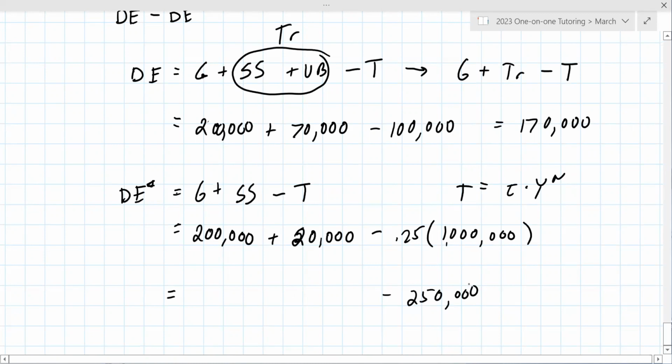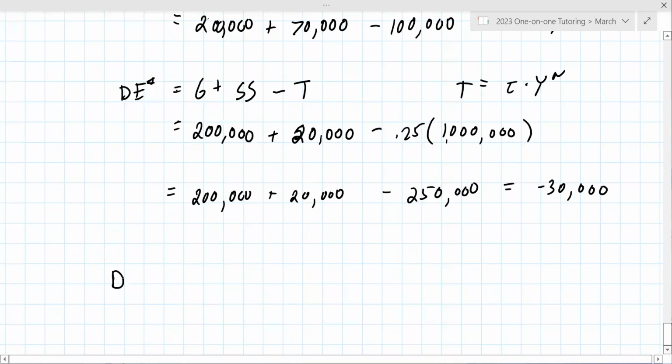And this ends up being negative. I wasn't sure if we were going to see that. This ends up being negative 30,000. So we go back to the main equation here. Your DE is 170,000 minus your DE star. Your DE star is minus 30,000.